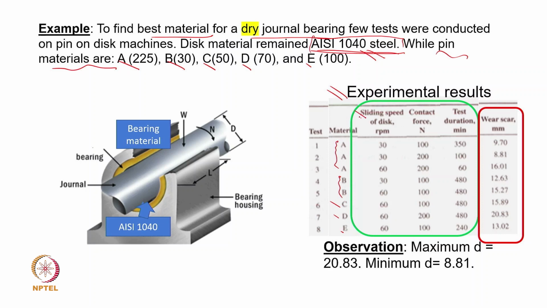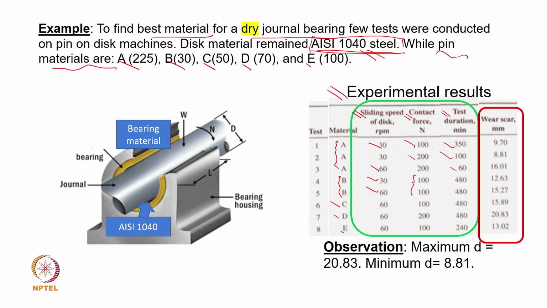And then they have done testing at different speeds, different contact forces, and different durations. For the 3 tests on material A, they have tested at 30 rpm and 60 rpm, and 100 newton and 200 newton. Time duration is 350 minutes, 100 minutes, and 60 minutes. Coming to material B, they have tested again at 30 rpm and 60 rpm.